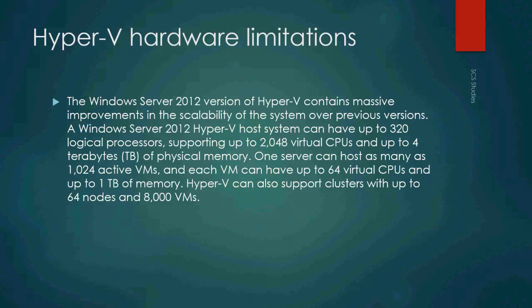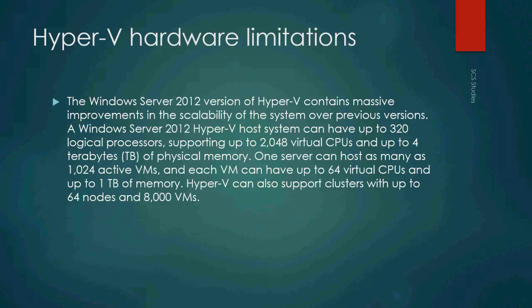So these are the limitations. Guys, if you are using Windows Server 2012, the limits are very high, and Microsoft has made much more improvement than 2008 and 2008 R2. In 2012, as you can see, it supports 320 logical processors. It supports 2048 virtual CPUs.